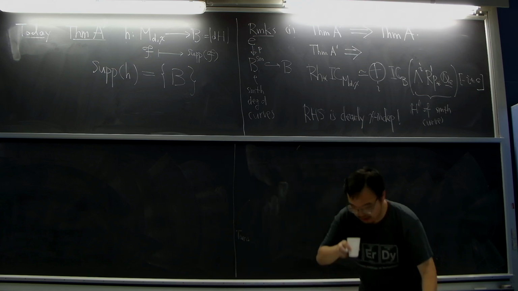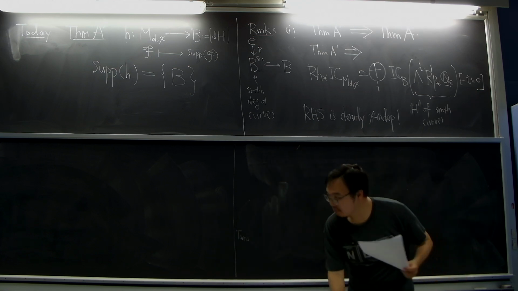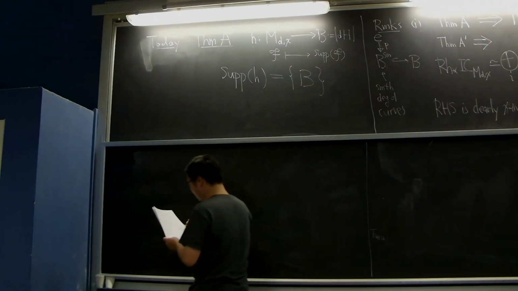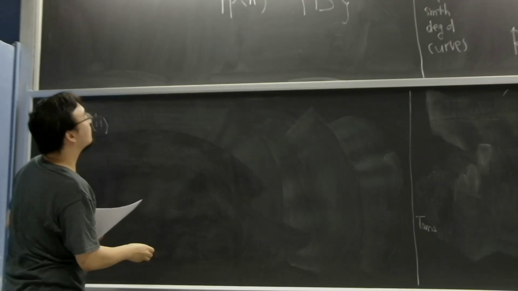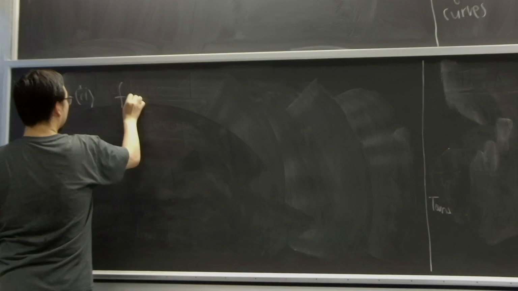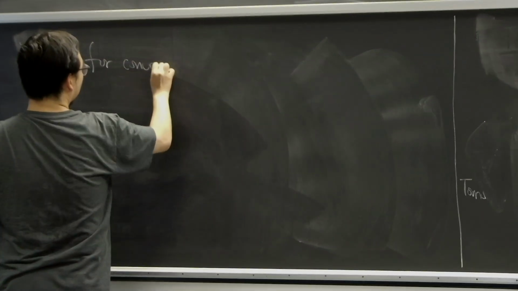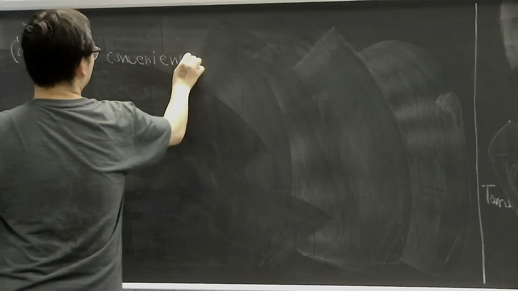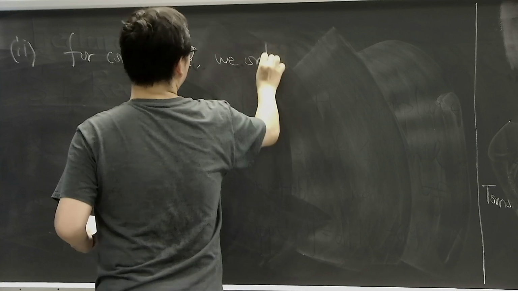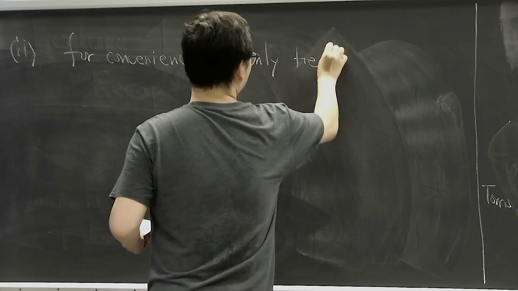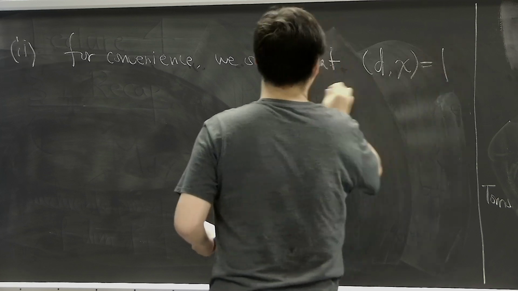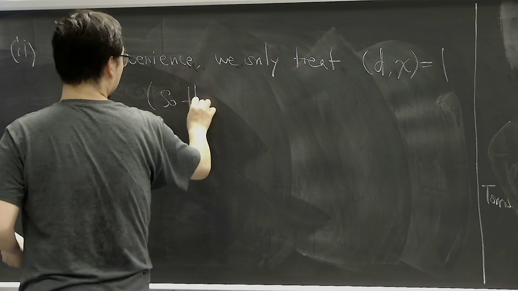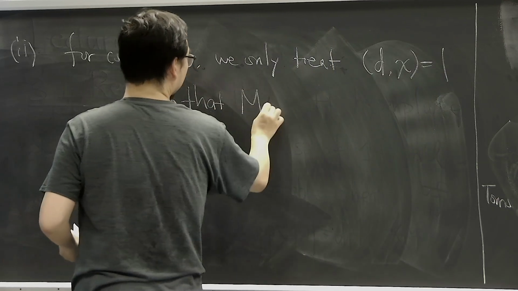Okay, so theorem A prime is the one we want to prove today, and the second remark is, for today, for convenience, we only treat the case where D is co-prime to chi, so that M_{D,chi} is smooth.